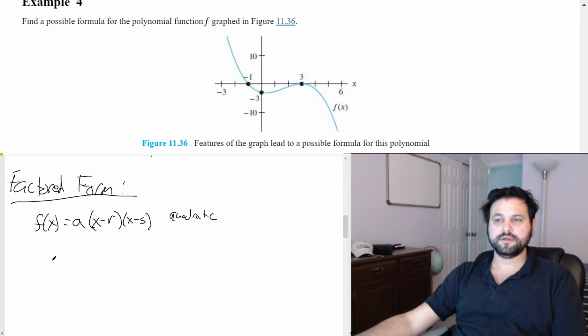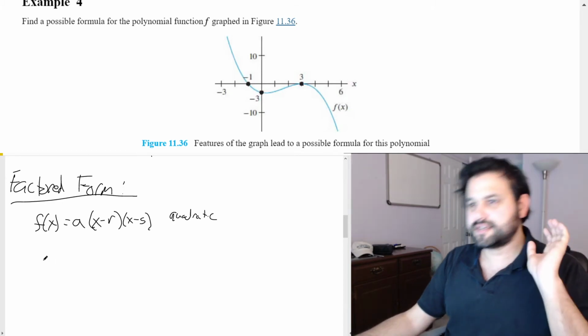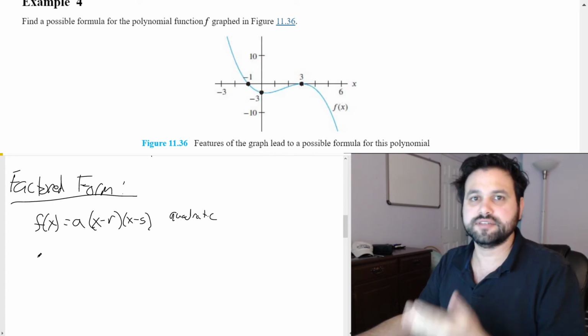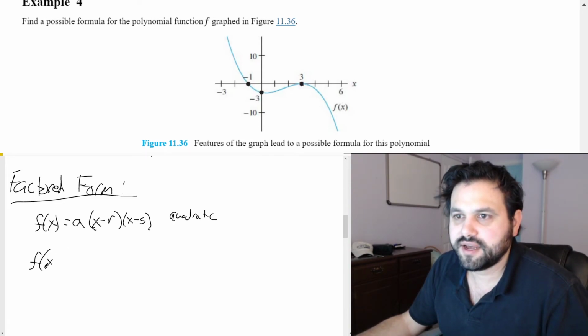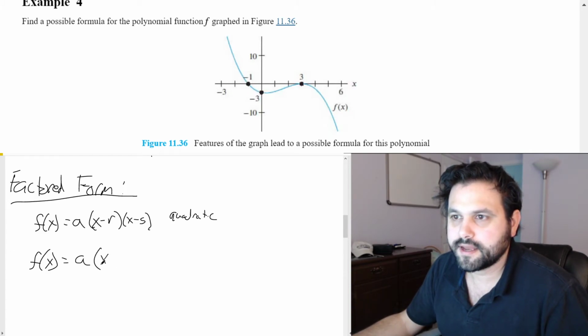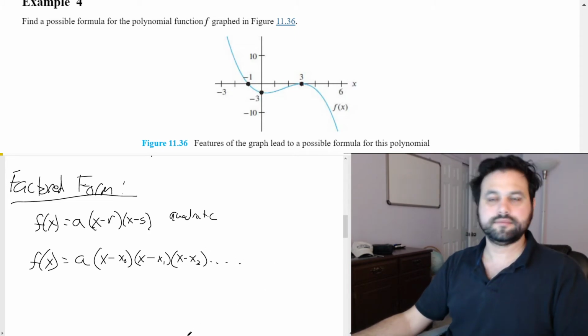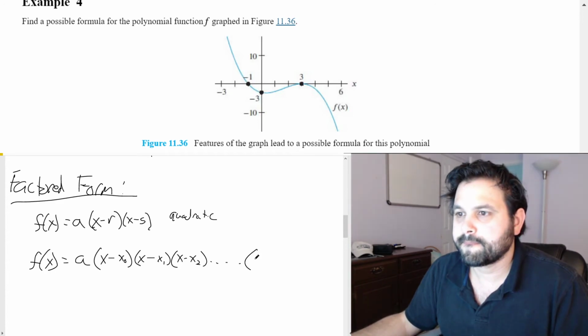So for a polynomial, what that means is we can just keep adding those linear factors on and on and on. So f of x equals a times, let's do x minus x sub 0, x minus x sub 1, x minus x sub 2, and so on, okay?